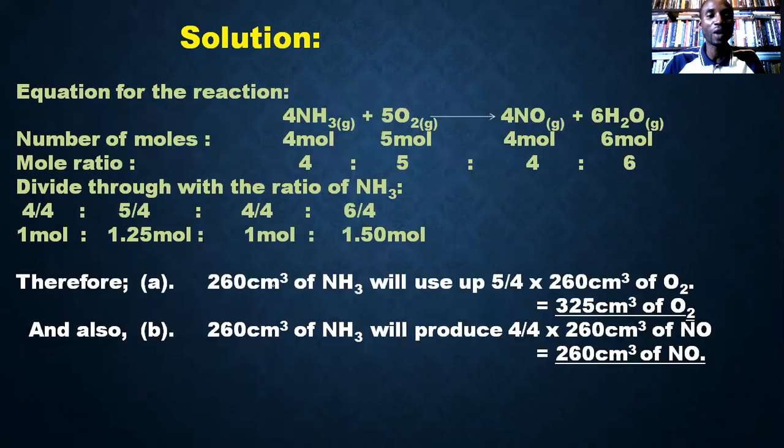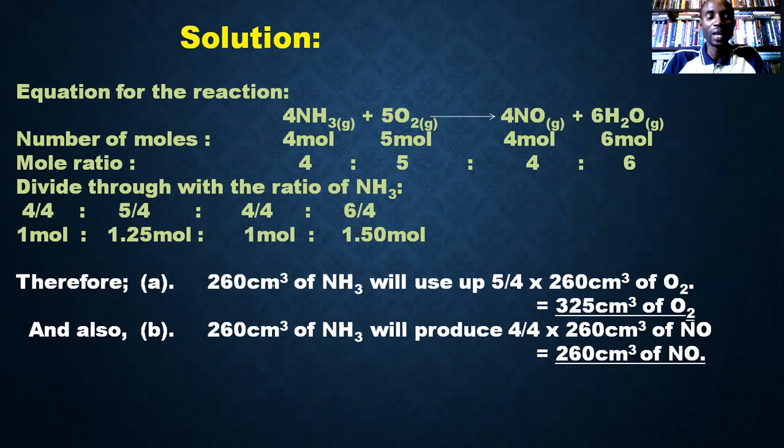With that, we are going to see from the equation for the reaction once again, 4:5:4:6. We need to divide through with the mole ratio of that of the ammonia. And when you do so, you are going to have 1:1.25:1:1.5.